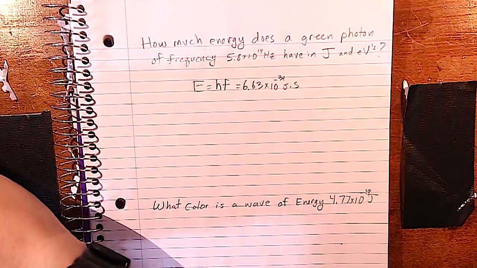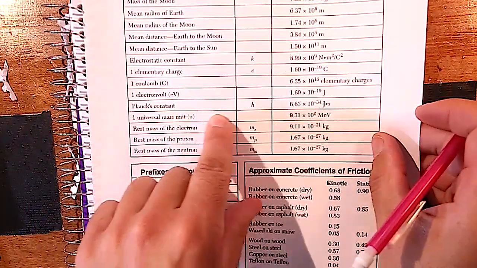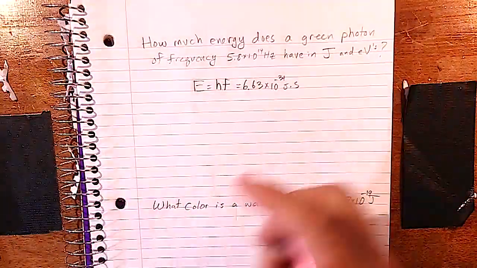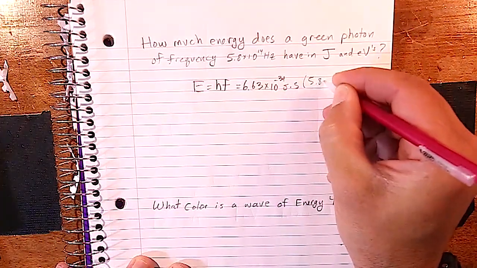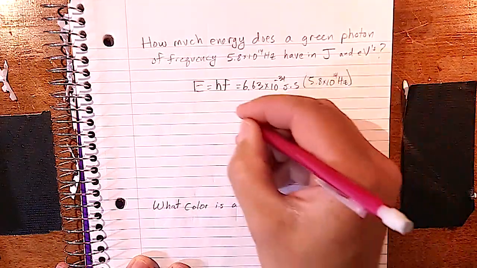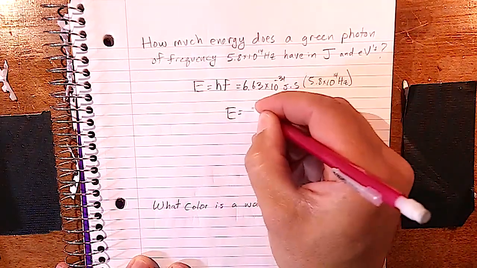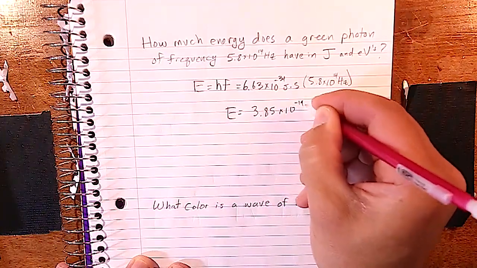You don't have to memorize that number. It is on the reference table as Planck's constant. We multiply that by the frequency, 5.8 times 10 to the 14th hertz, and that number comes out to 3.85 times 10 to the minus 19th joules.